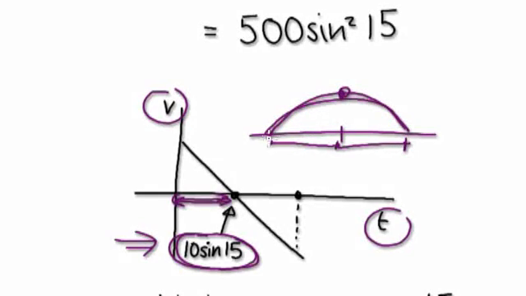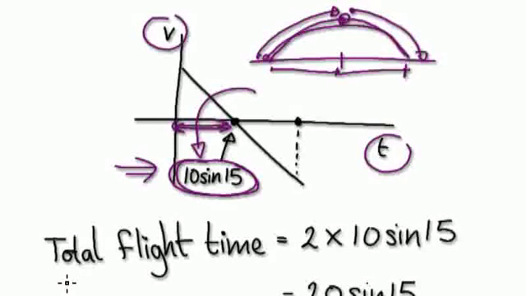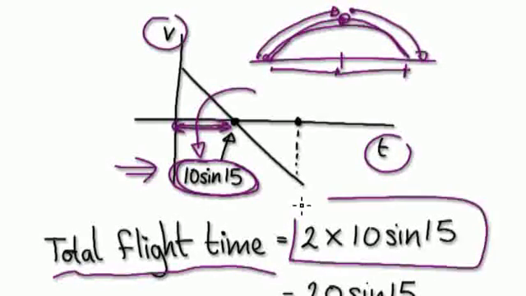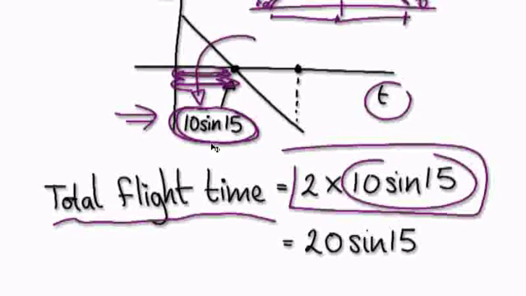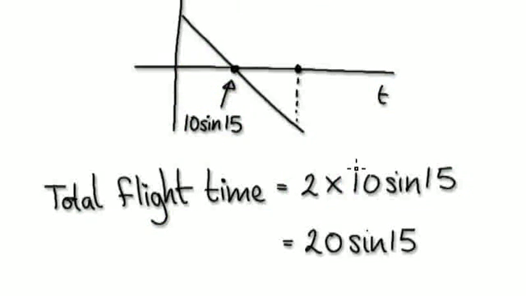The weird thing is that the time it takes to travel from here to here is the same time as it takes from here to here. So times this by 2. So total flight time is 2 times this length here. So hang on, at the moment you've got this times this.